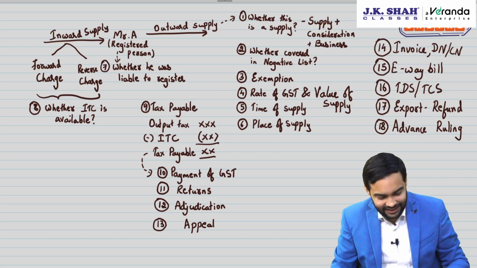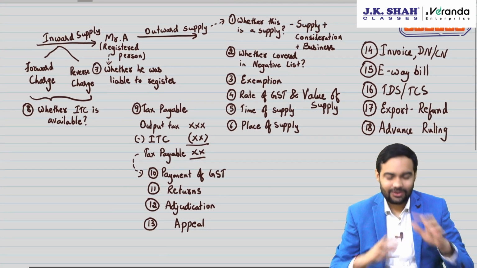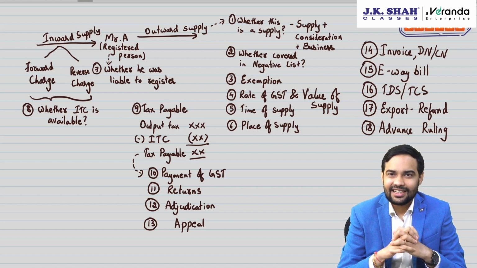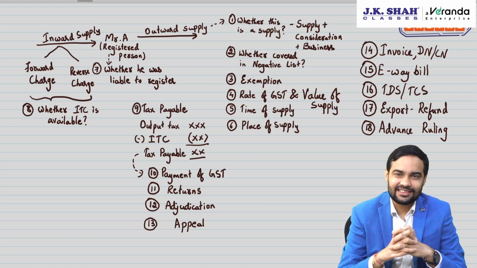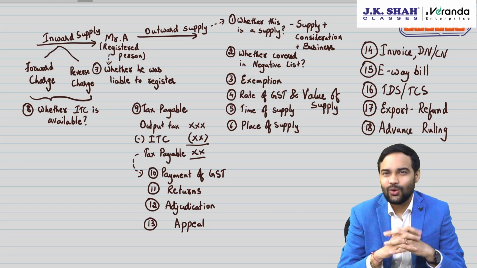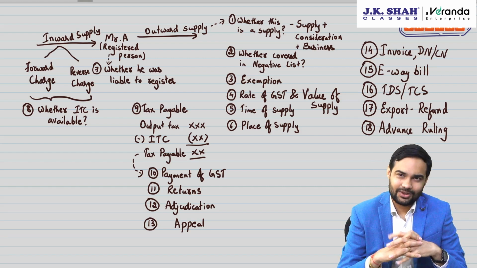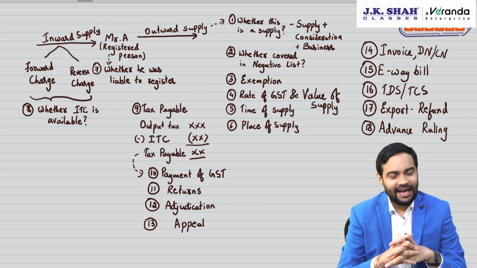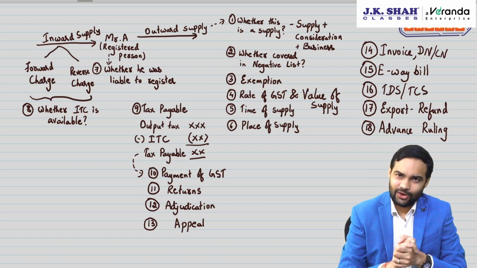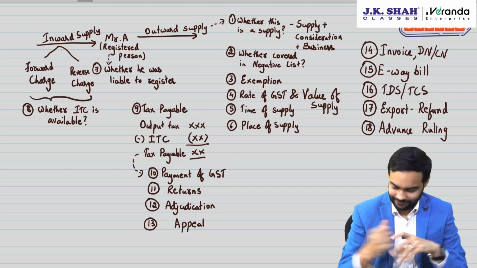So basically a businessman has to understand this structure so that he can correctly discharge and pay taxes. That is the whole aim when it comes to taxation. Now, let's start dealing with each and every topic one by one.